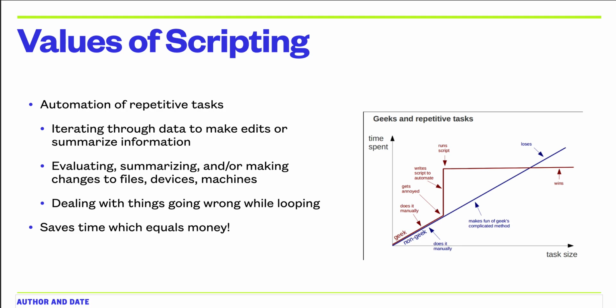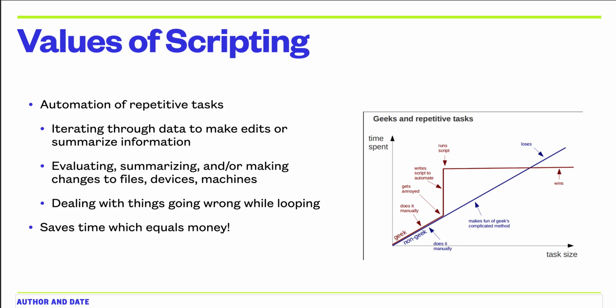Whenever we're iterating through data or going through things one after another, either because we're changing them or because we are creating reports or summarizing what was there, anytime we're evaluating multiple things, we're summarizing those things or reporting on them, or making changes to files or devices or machines, and there's more than one, we might want to think about automating that.